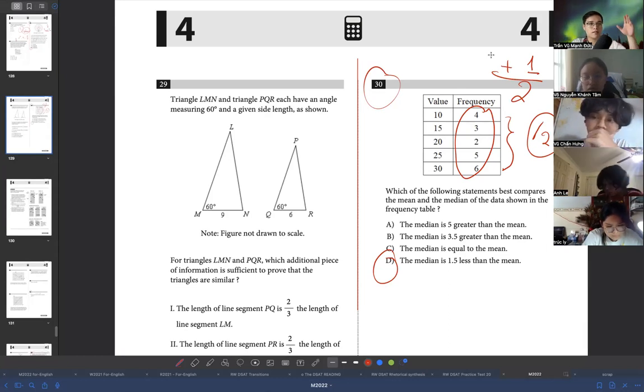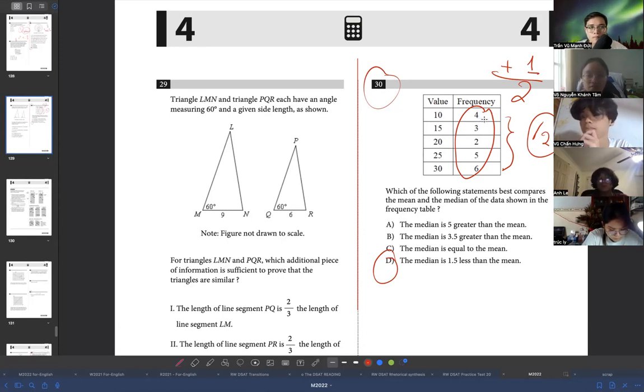So you take the 10th number and the 11th number, you add them together and you divide by 2. Can you find me the 10th number?